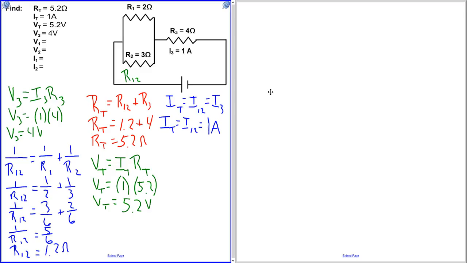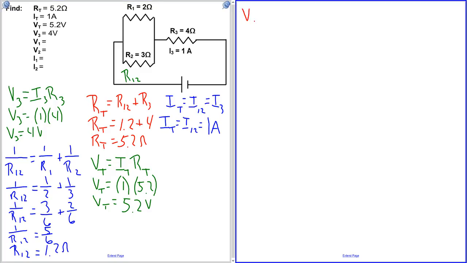Now, thinking about this as a series circuit, I can say, according to my series rules, my total voltage is equal to the voltage in resistor 1, 2, plus the voltage in resistor 3. So now if I want to find the voltage in resistor 1, 2, I can subtract the voltage 3 on both sides.